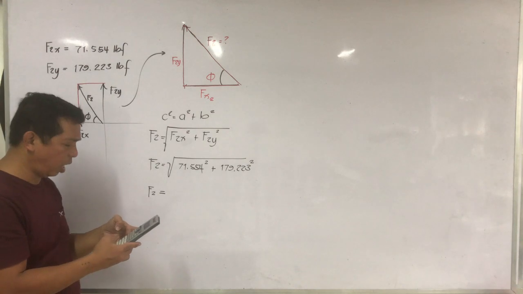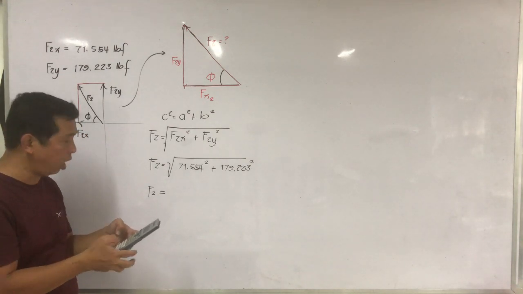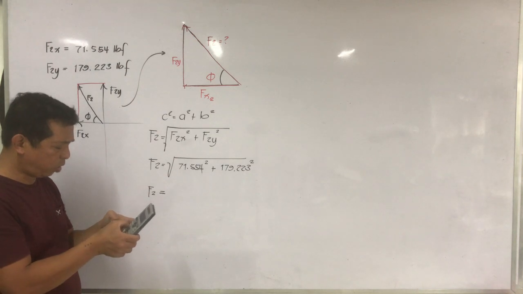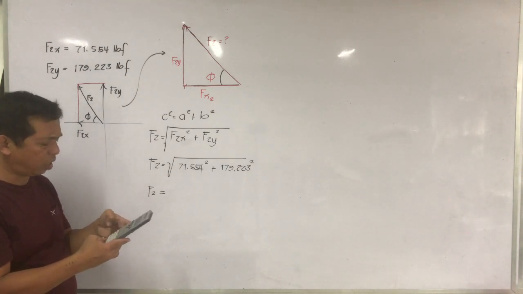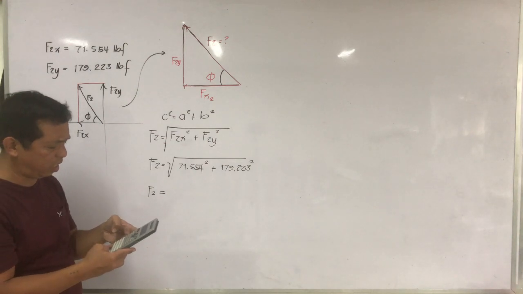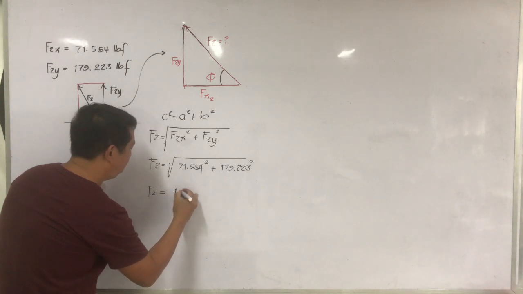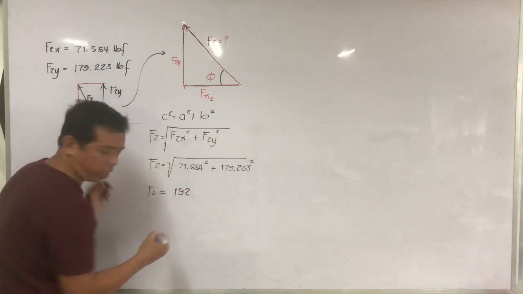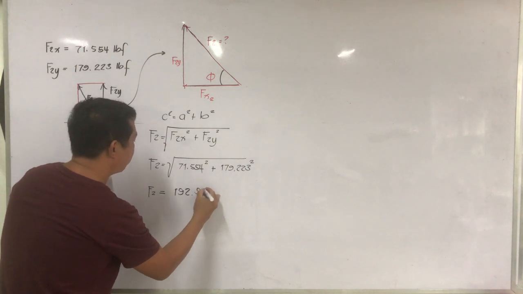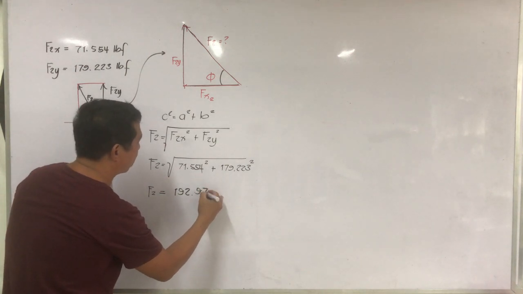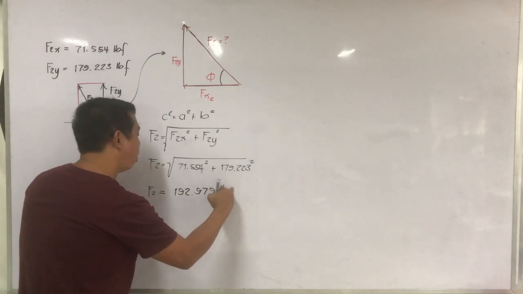Ang may sagot niya ay root of 37,240. So, extraction ng answer na yun, that will have to be 192.978, 192.9789, 979 pound force.